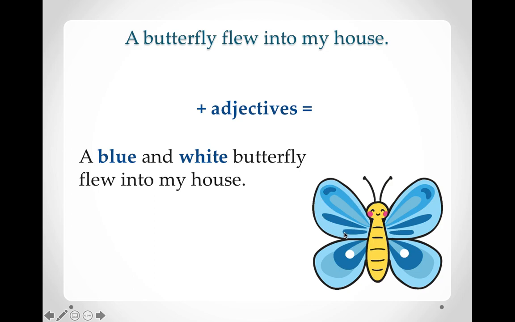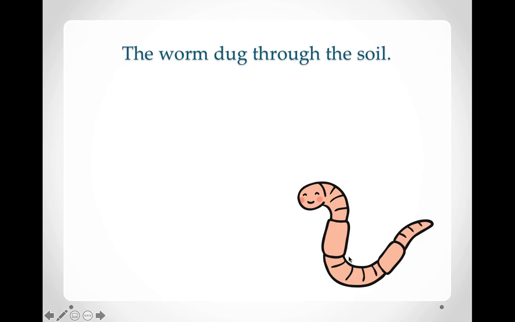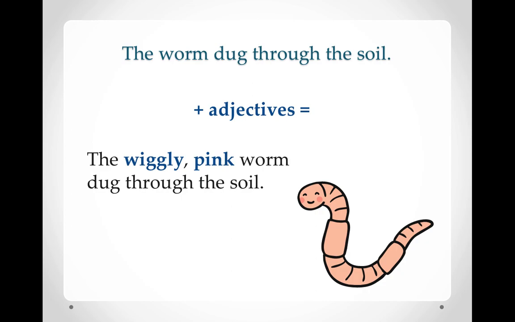It is blue and white. Those are my describing words, blue and white. The worm dug through the soil. Now, if I add adjectives to this sentence, the wiggly pink worm dug through the soil. My adjectives that I am using are wiggly and pink.